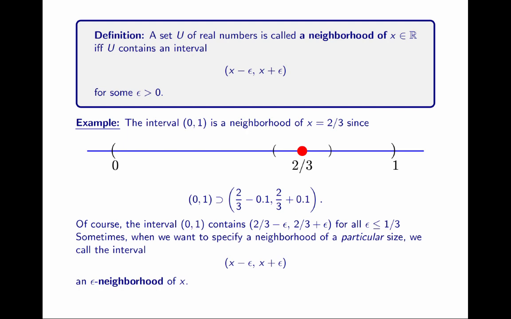Now sometimes we may want to specify a neighborhood of a particular size. So the open interval that has x at the center, that goes epsilon to the left and epsilon to the right, is called an epsilon neighborhood of x. So now that we have an understanding of what a neighborhood means, right, basically a neighborhood of x is a set that contains x on the inside, not on the boundary.